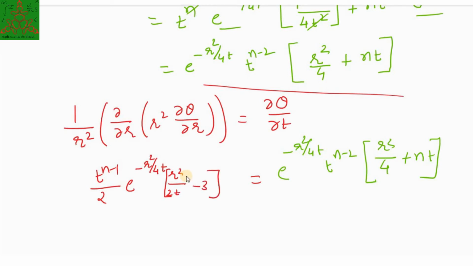Now you just observe that e power, this quantity is cancelled out, and t is also non-zero, so I can just cancel out that quantity also.